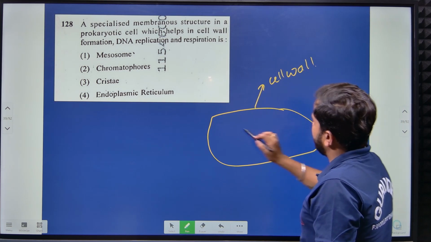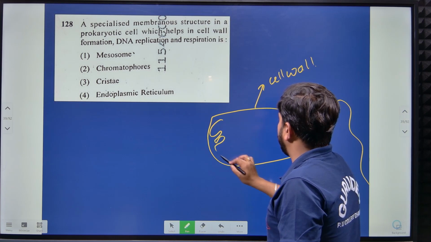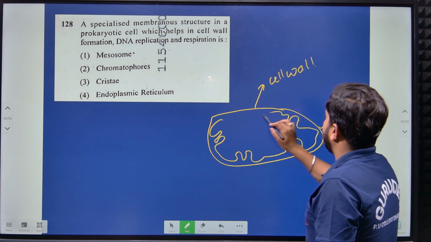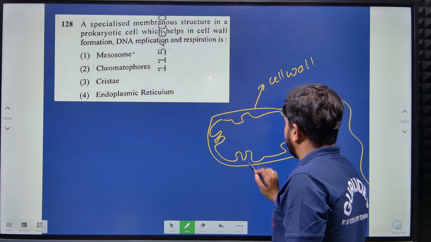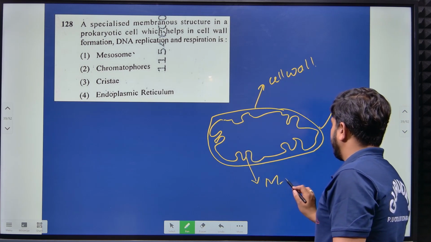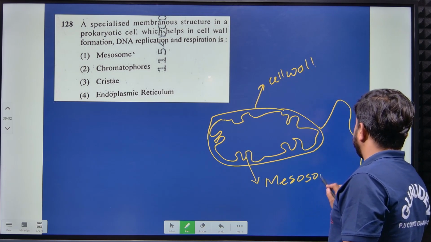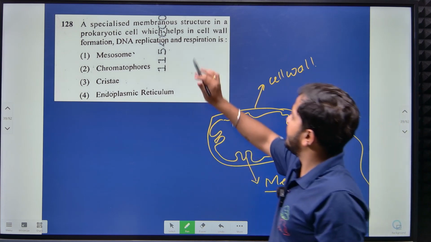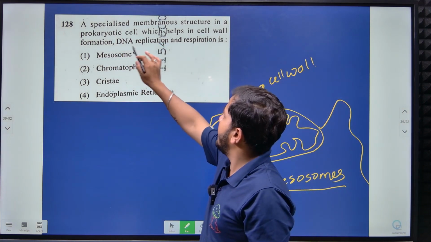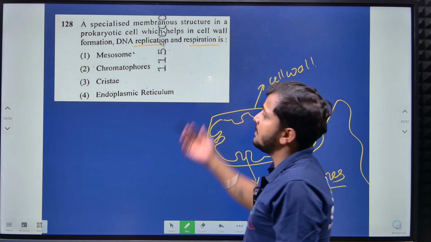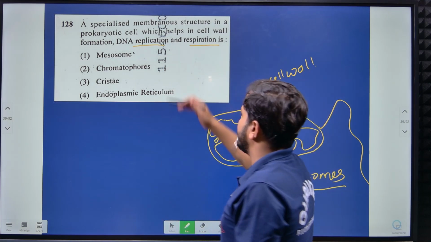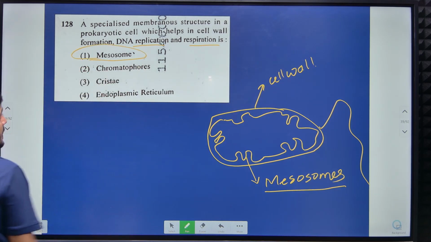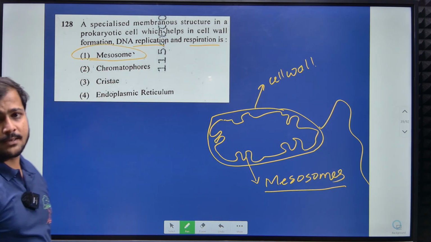In the innermost layer we will find some foldings, and these foldings are called mesosomes. These mesosomes help in cell wall formation, DNA replication and even respiration. So the mesosome is the correct answer.